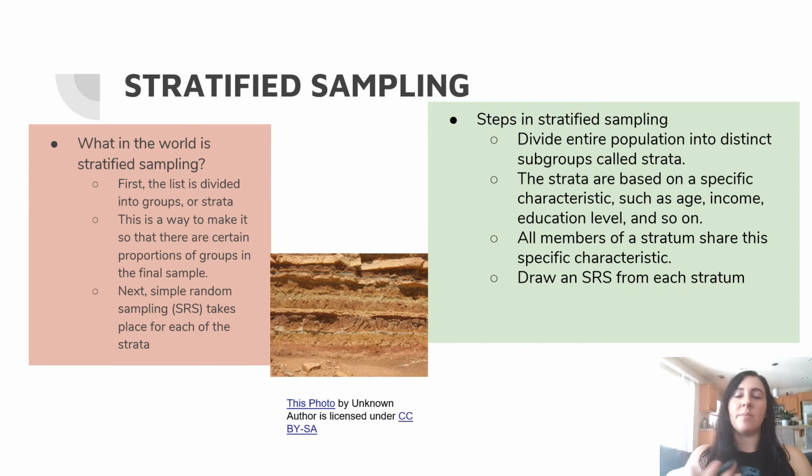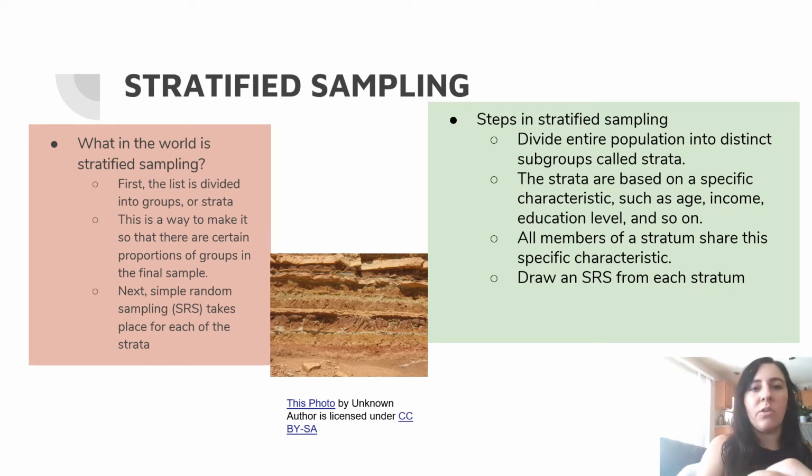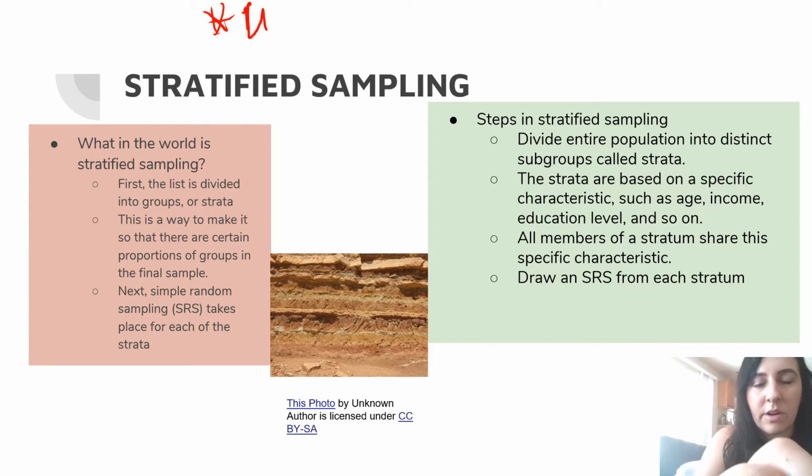I think the biggest reason to use stratified sampling is when you want to know what a minority thinks, all right? When you want to know what's going on with the minority.